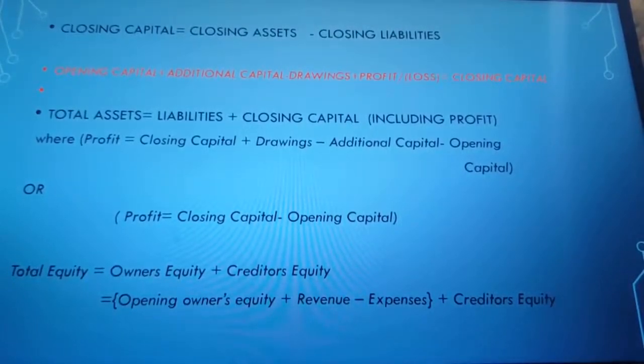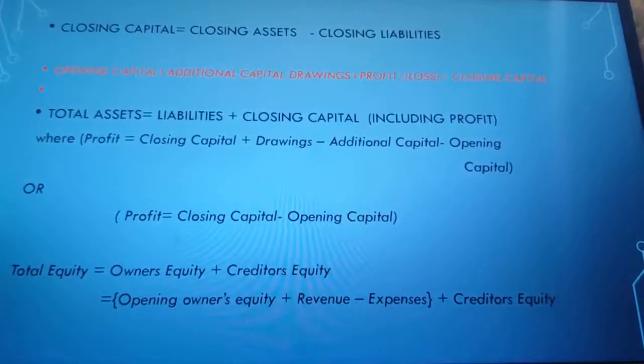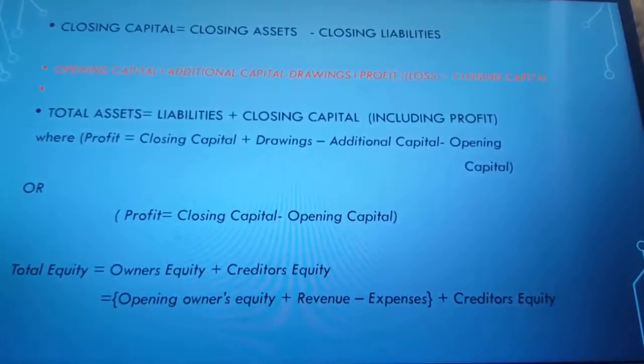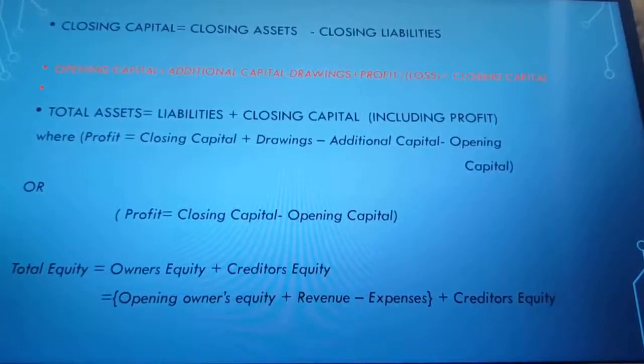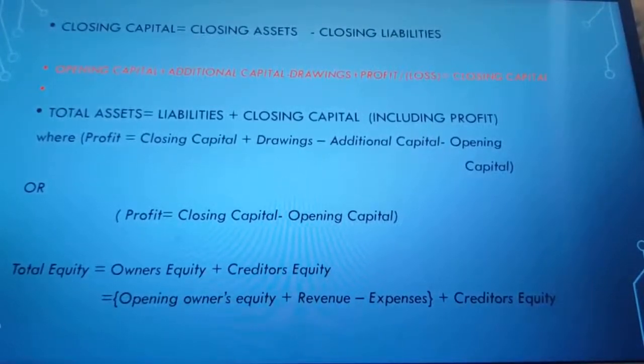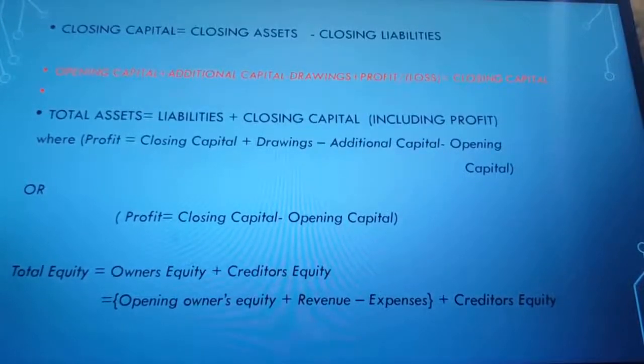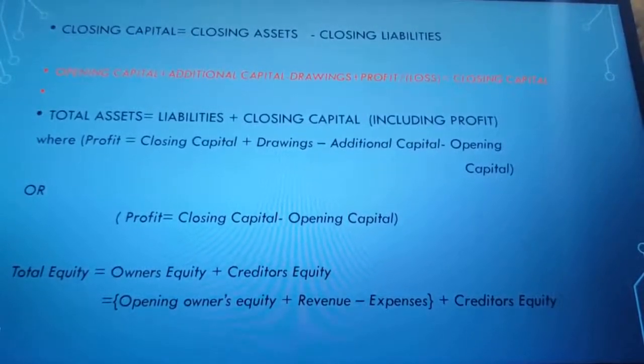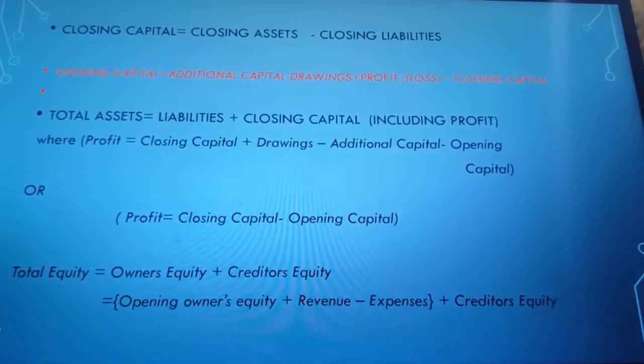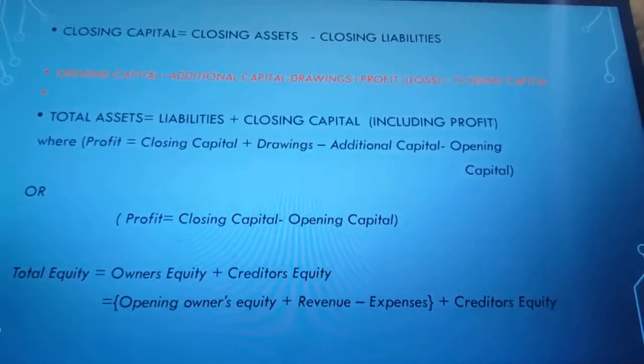However, if there is a loss, we always reduce our capital by that corresponding amount. Basically, we are saying opening capital if given in the question, as well as additional capital is given, we are going to add that opening capital and additional capital, and we are going to reduce our drawings from that. We are going to add our profit if there is any.